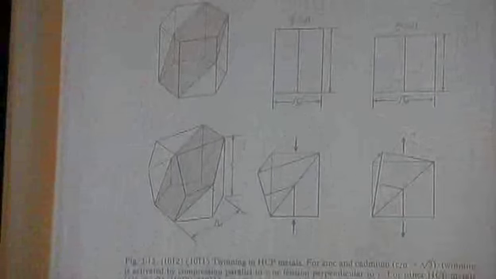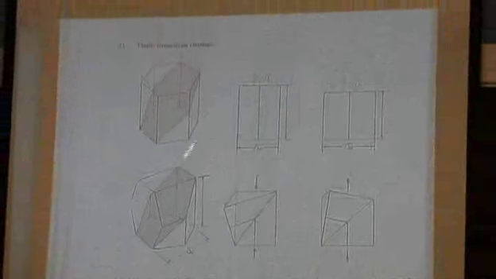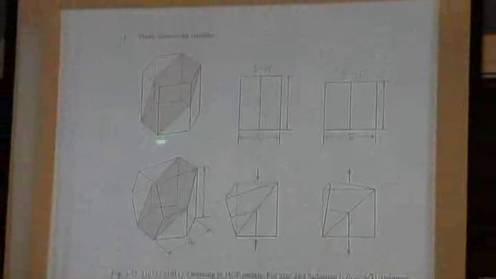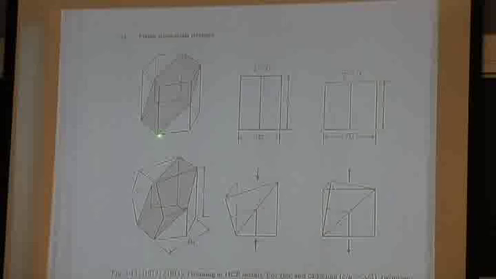Now in hexagonal crystals, you like to think about what they call the C over A ratio. A is the edge face width between atoms on the base plane. C is the distance in the vertical direction going up the hexagon. If the C over A ratio is square root of 3, you can prove that the atoms are all nice spherical atoms.